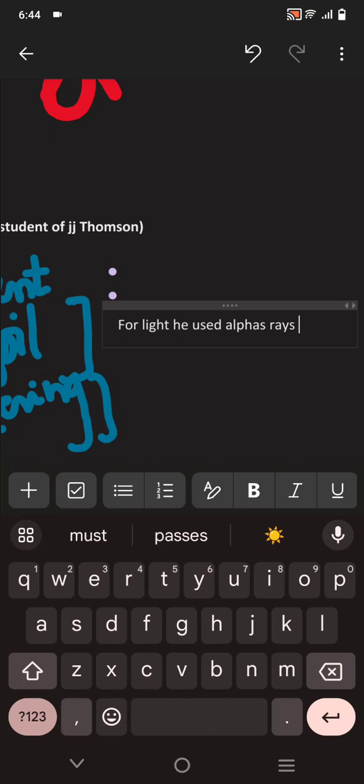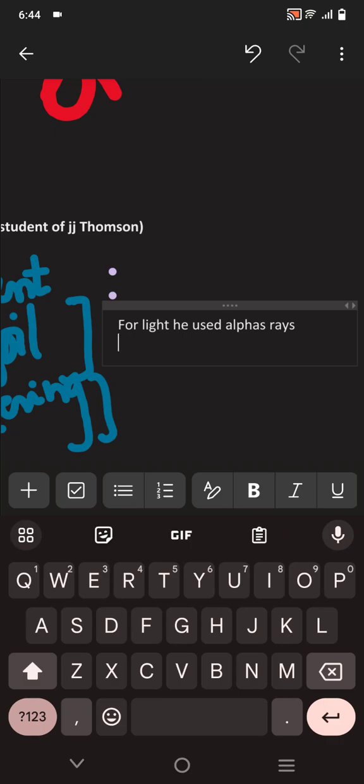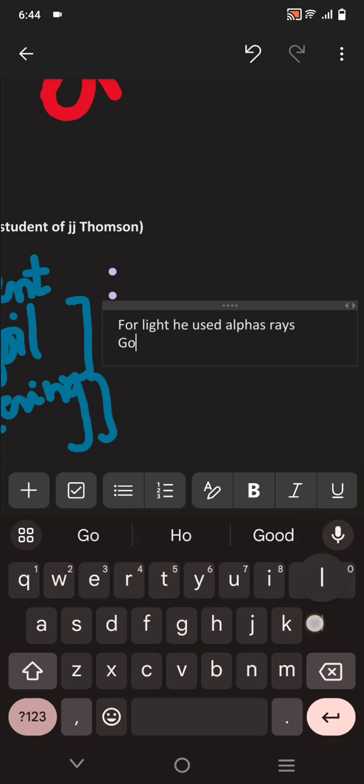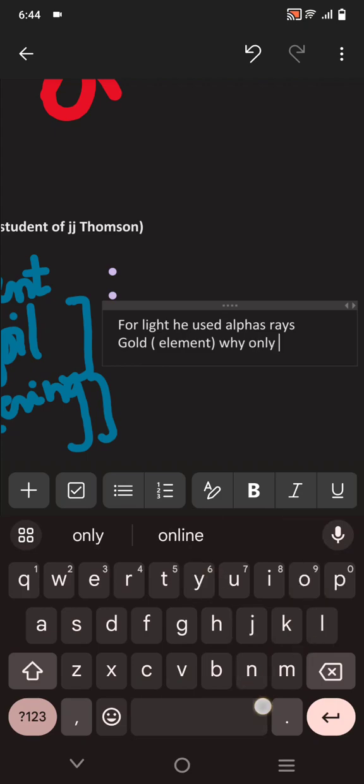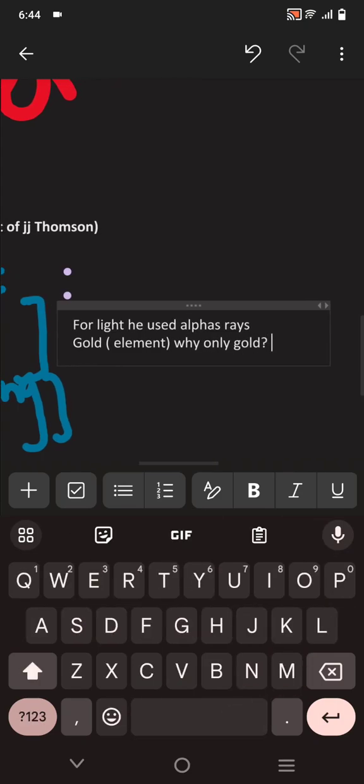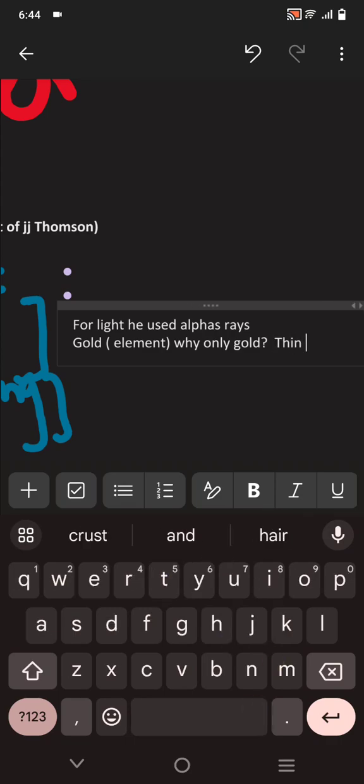Then he used the light for testing gold. He took an element and that element was gold. Now why did he take only gold? Why only gold? Why not another? Because gold is a thin foil. It is a thin kind of nature.